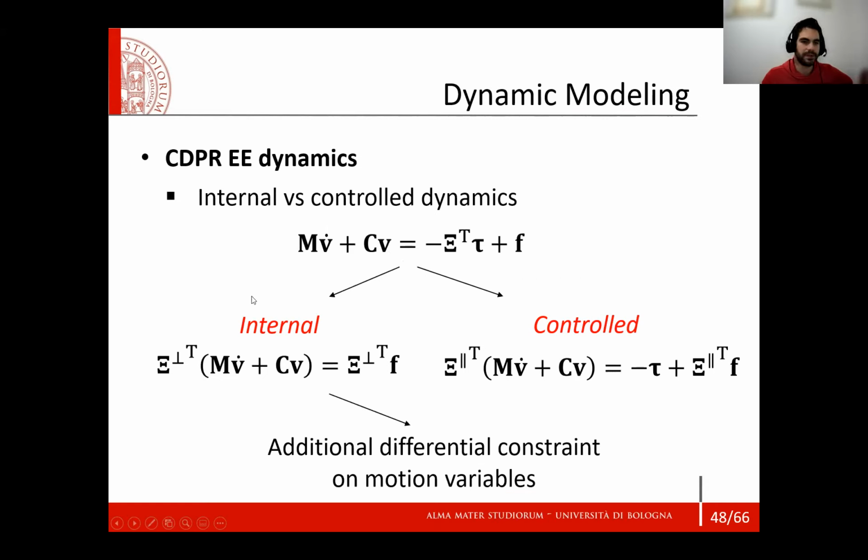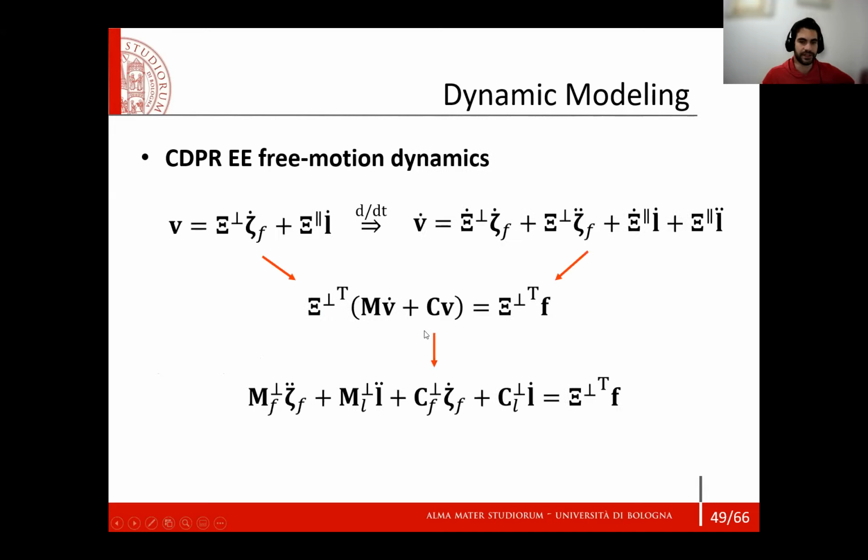Because if you pre-multiply the dynamics by the right null space transpose, you end up with a constraint on the end effector motion variables, which you need to satisfy, or your system won't obey the laws of rigid body mechanics. So if you do planning, you should account for this internal dynamics constraint.